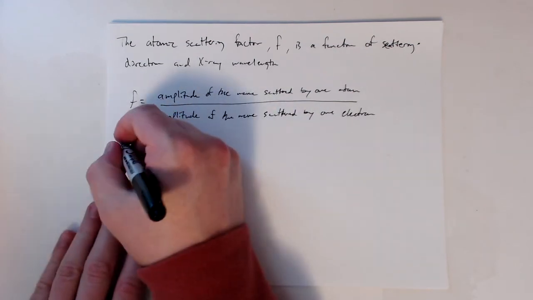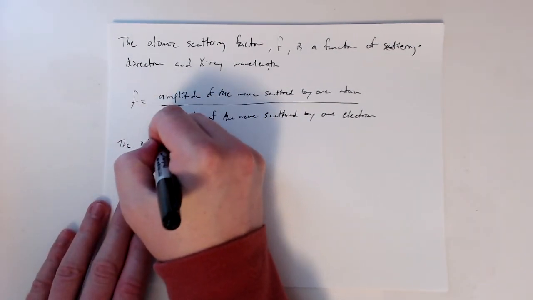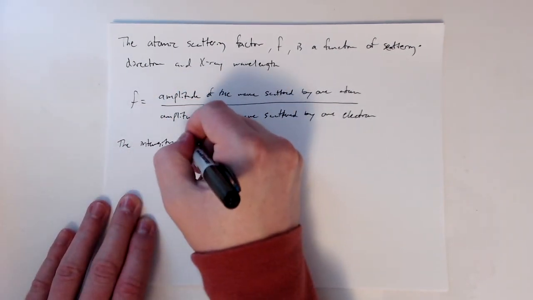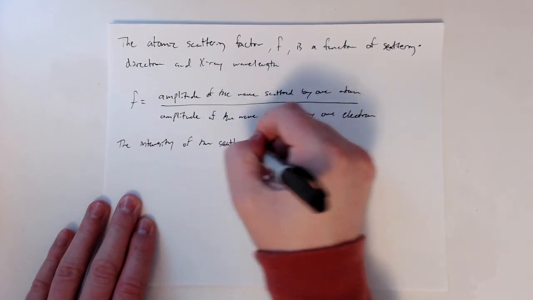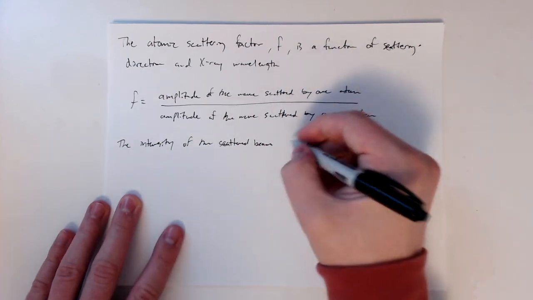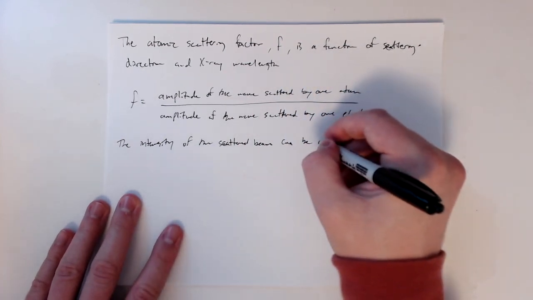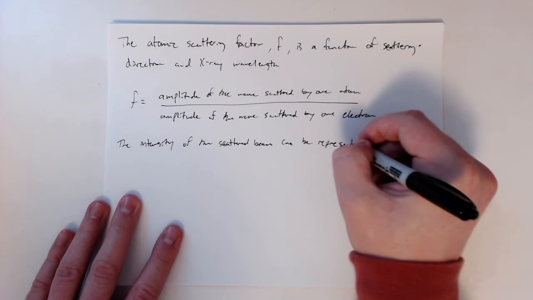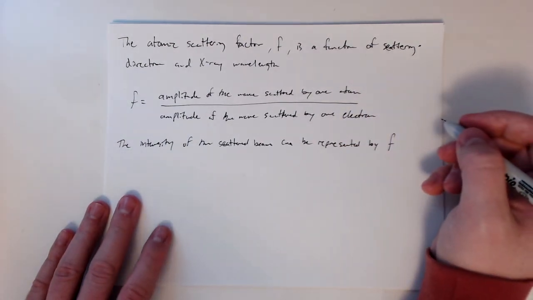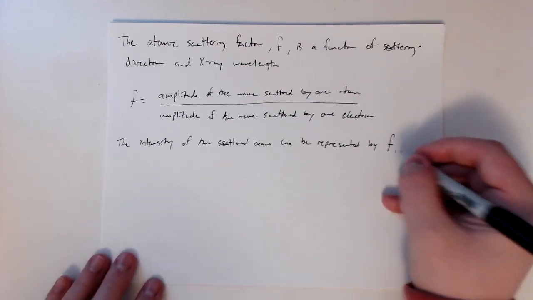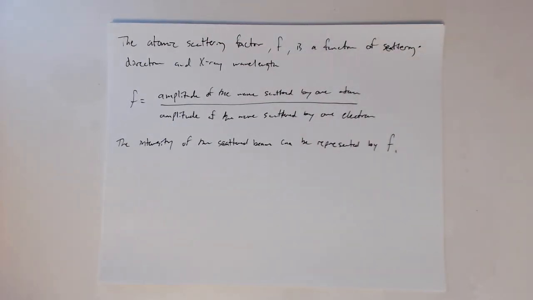So the intensity of the scattered beam that we have can be represented by this F, or atomic scattering factor. So let me show you a figure in the slides that shows us the relationship between this and angle and wavelength.